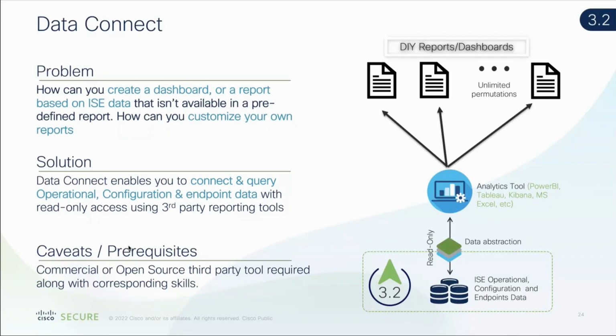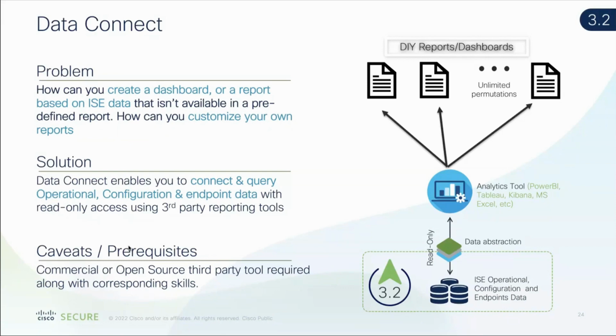So with Data Connect, through third-party tools such as Power BI, Tableau, Kibana, Excel, and SQL Developer, you can directly connect to the ISE database and get the operational, configuration, and endpoint data. After all, it's your data that you are looking for.